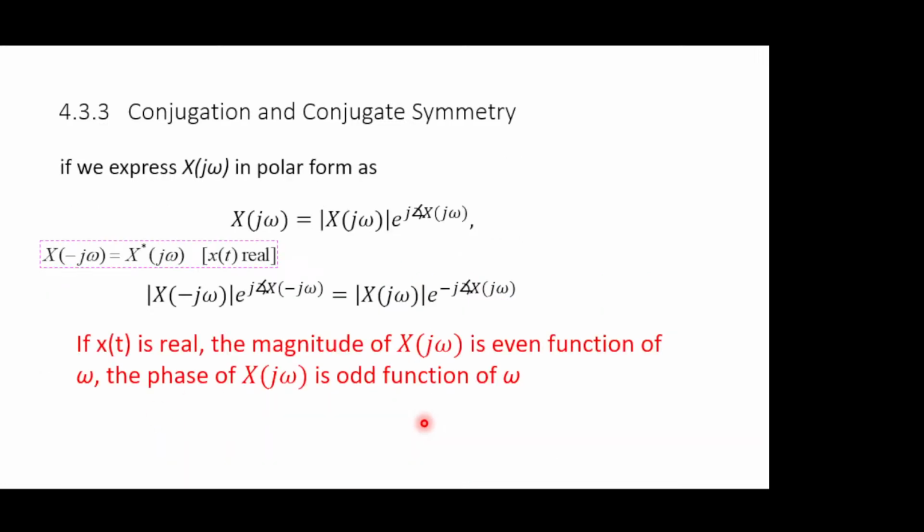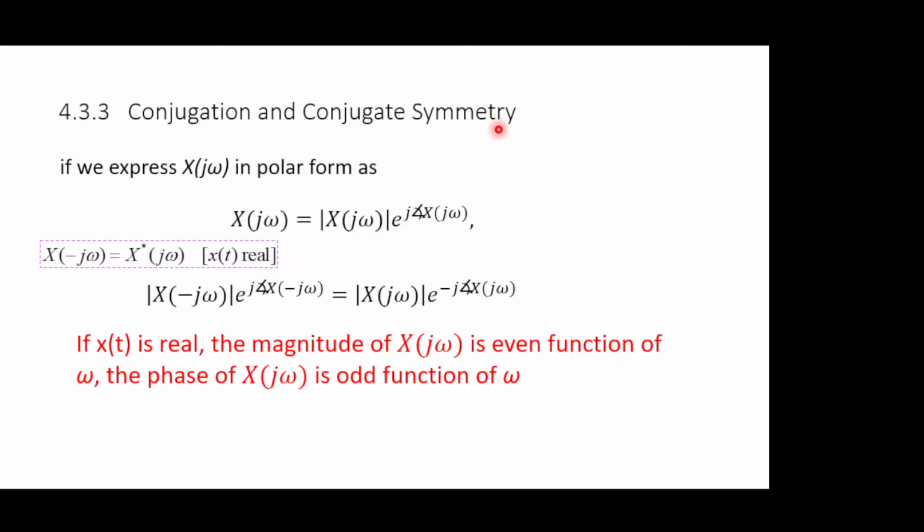Similarly, we can do a similar thing in polar form. We can also write big X as the norm and the angle. Then we have X of minus j omega equal to X star of j omega. You take X of minus j omega, and on the other side, you take the polar form of X star of j omega.